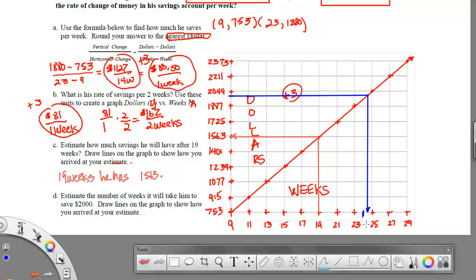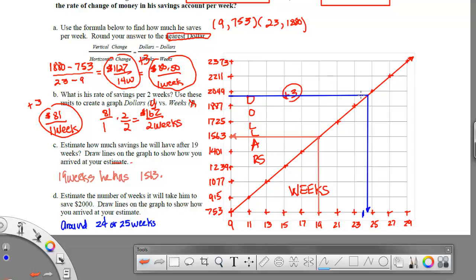Well, we know 24 is right there, so it has to be between 24 and 25 weeks. So estimate the number of weeks it will take him to save $2,000. Around 24 or 25 weeks. That's it.